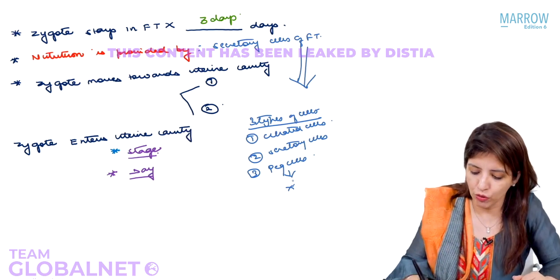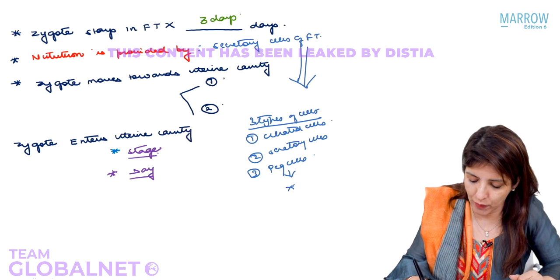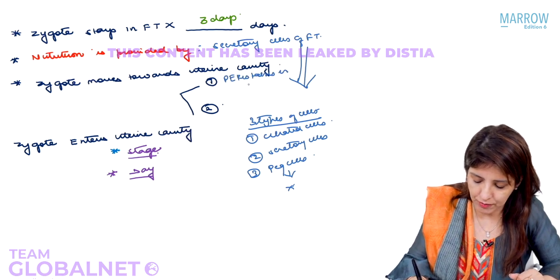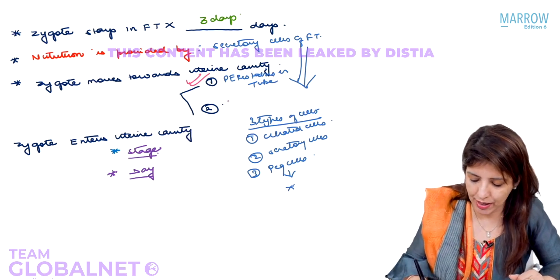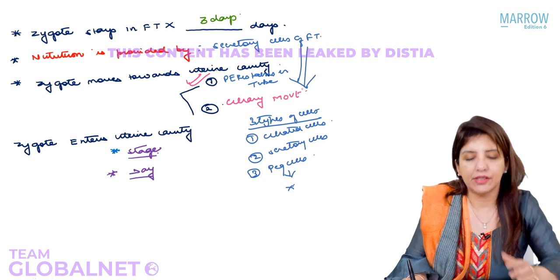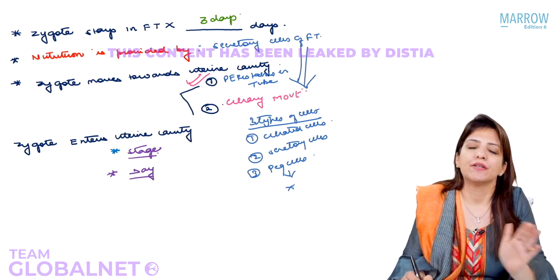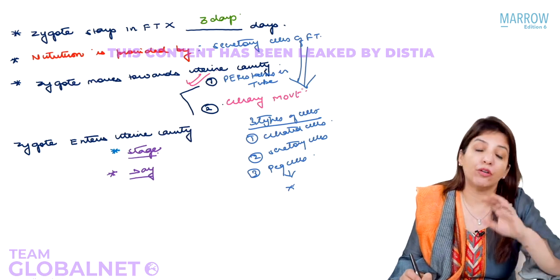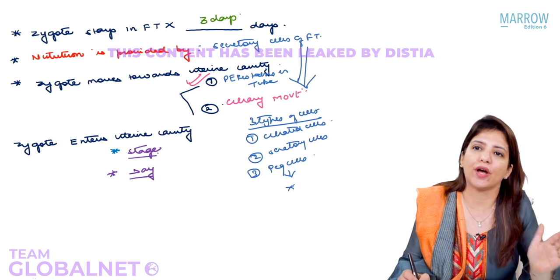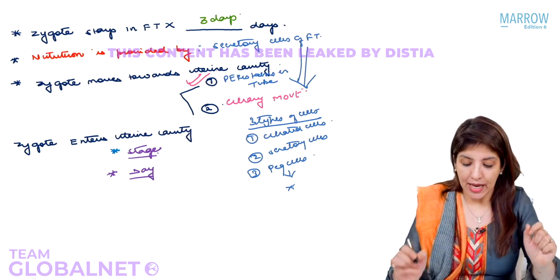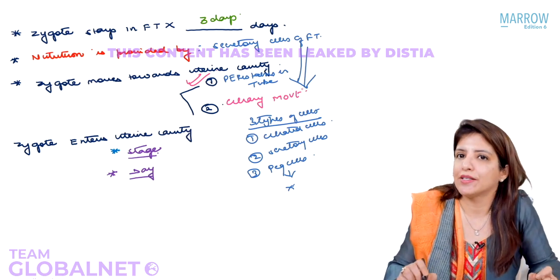So, the zygote moves towards the uterine cavity, number 1, because of the peristalsis in the tube, and that is the main reason for its movement. And number 2, it is because of the ciliary movement. The cilia are pushing the zygote from the fallopian tube towards the uterine cavity, right?